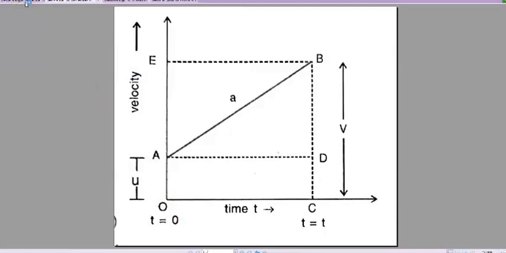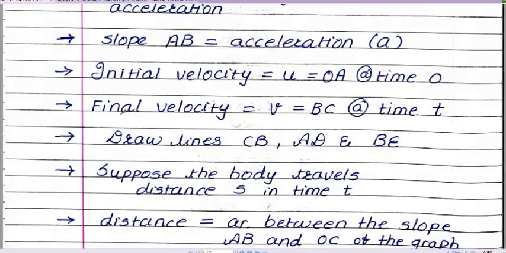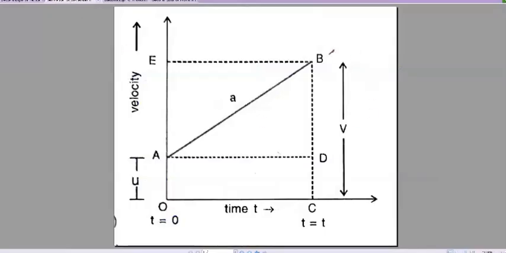Then final velocity, that is v, and that is indicated by BC and at the time t. So this is BC, which is your final velocity. Why is this your final velocity? Because when the object started moving from here with the acceleration a, it has reached here.